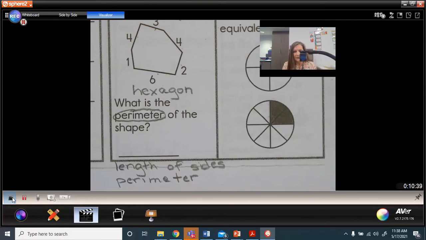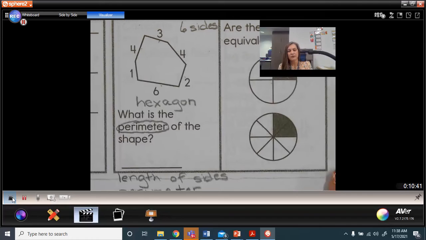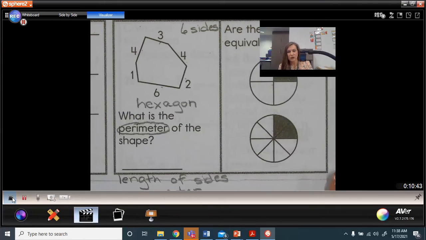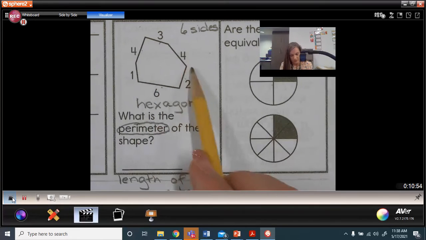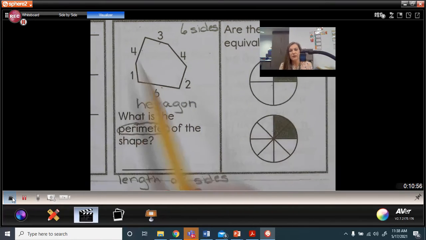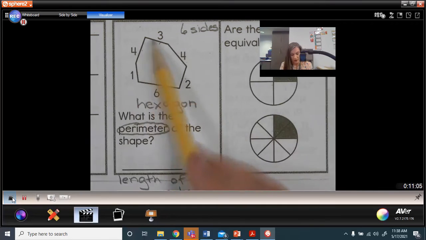The perimeter is how many inches, centimeters, whatever we're measuring the length of those sides, how long does that have to be? So if we were going to take and lay out a piece of string along these sides, then we would need to know how long our string needs to be to put it all the way around this hexagon.